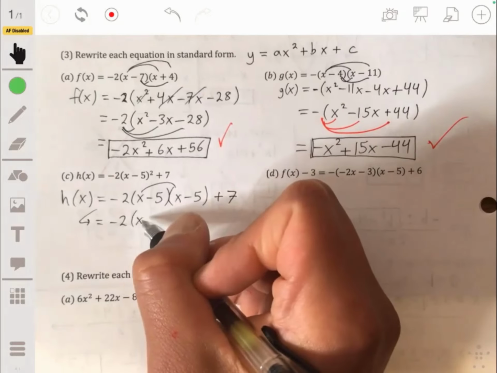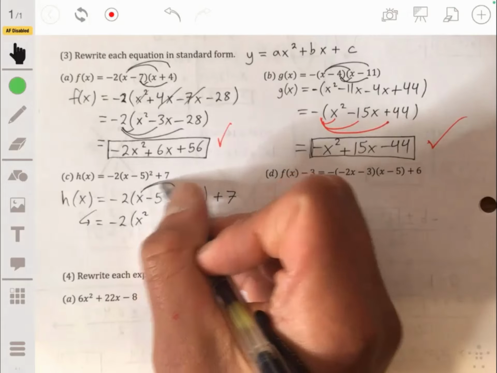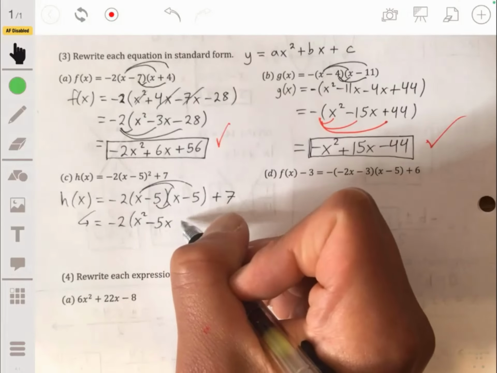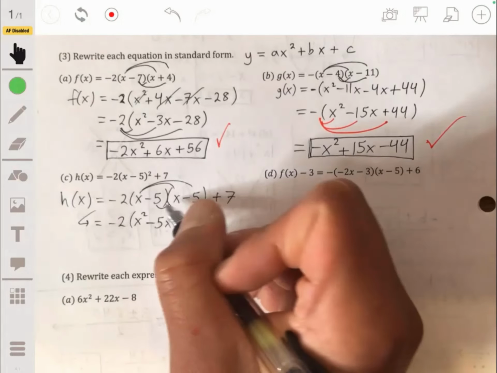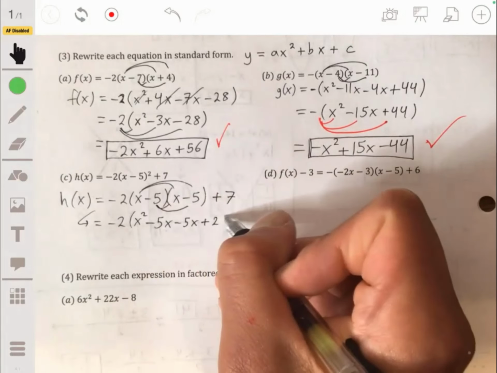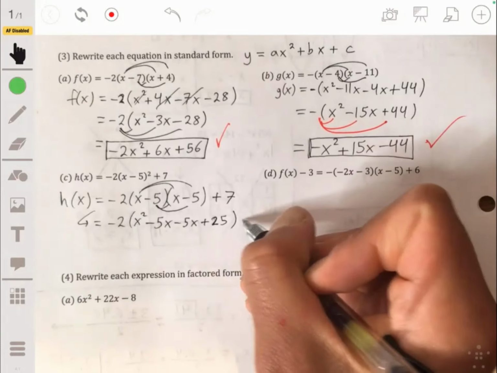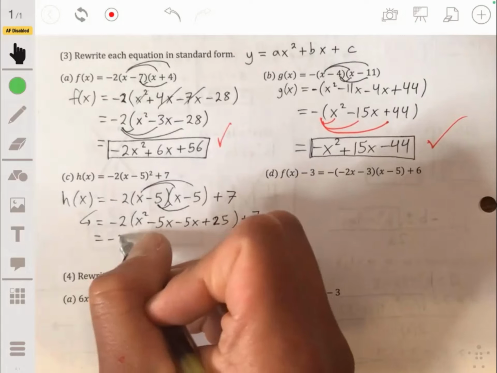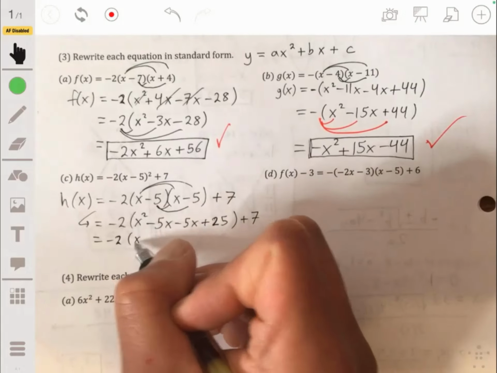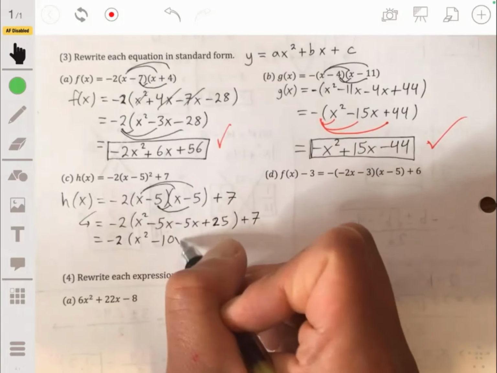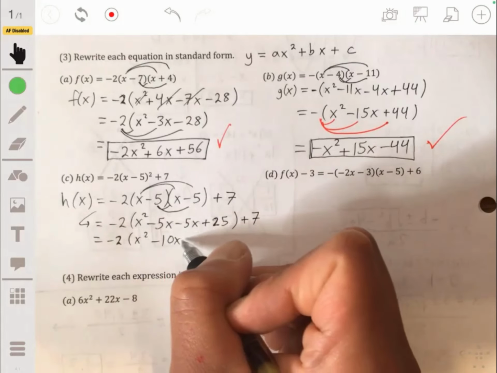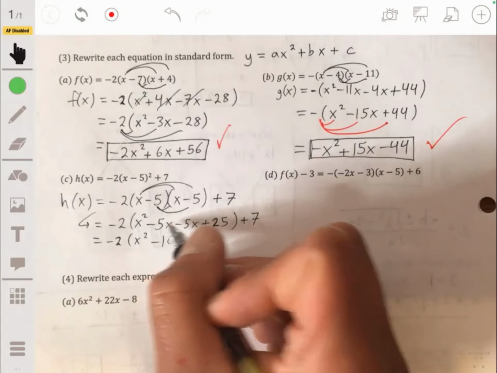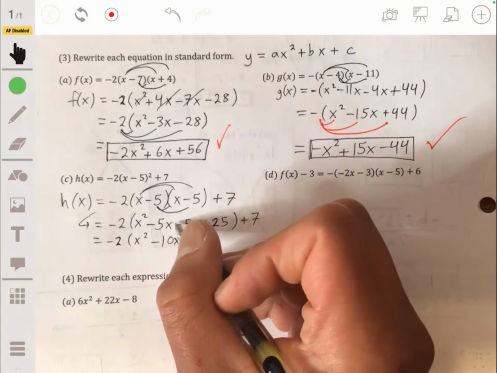X times x, x squared, x times minus 5, minus 5x, minus 5 times x, minus 5x, minus 5 times minus 5 plus 25 in the parentheses and plus 7 outside. Combining like terms, we get x squared minus 10x plus 25, because we're going to combine these two minus 5x's.